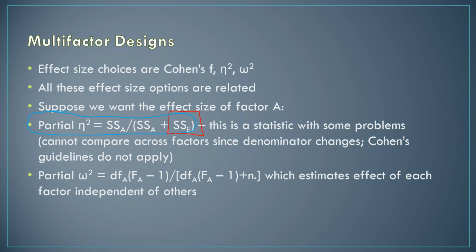And so instead, we are choosing to do this omega squared effect size to ensure that we keep the independence, where only the information related directly to that factor is used in estimating the effect size of that factor.